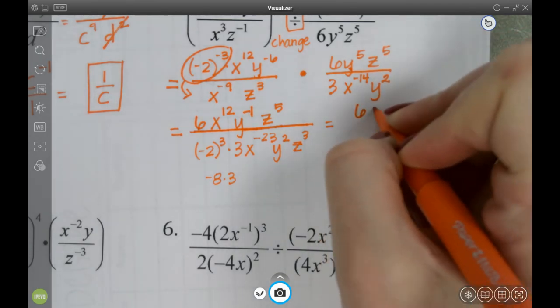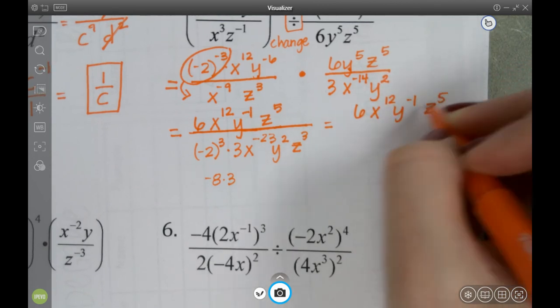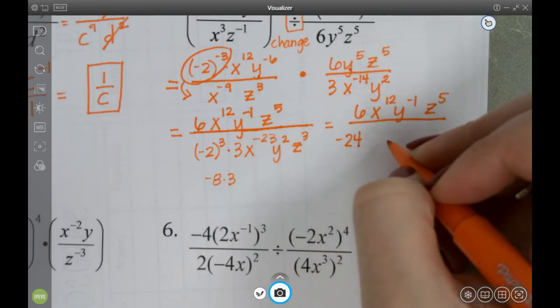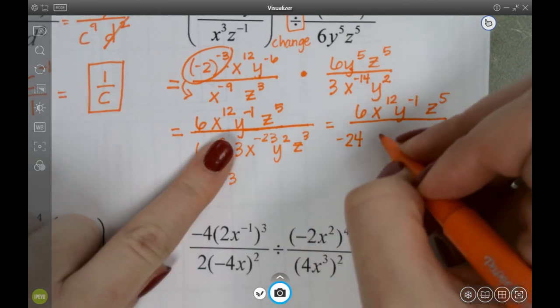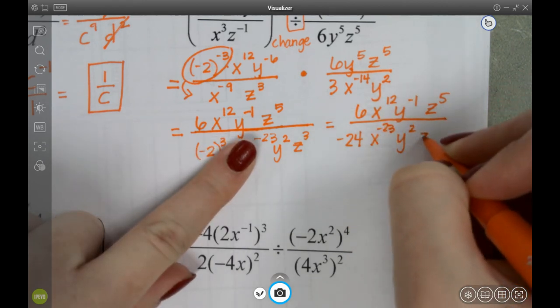So I have 6x to the 12, y to the negative 1, z to the 5th, over negative 24, x to the negative 23, y squared, z cubed.